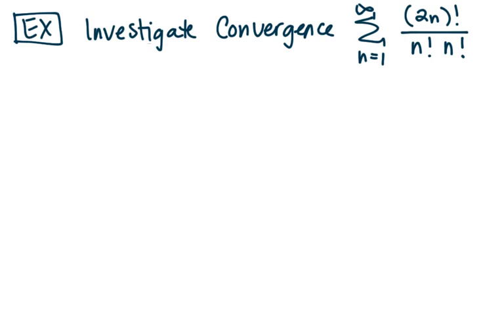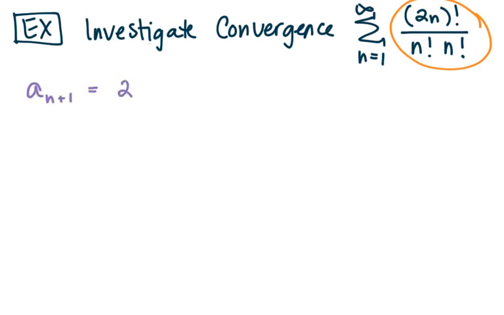So in order to apply the ratio test, I need to know what my a sub n plus 1 term looks like. I have my a sub n term, that's my general term. My nth term would look like that. But what does a sub n plus 1 look like?